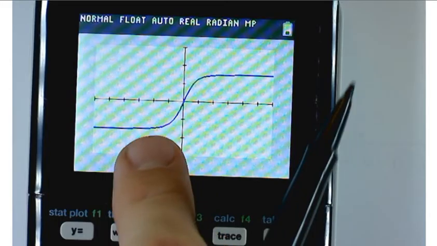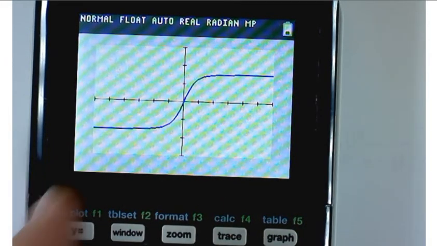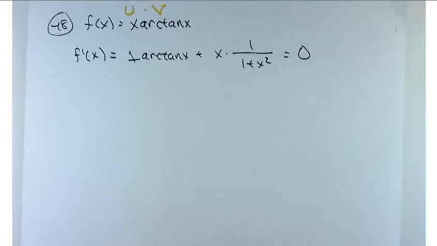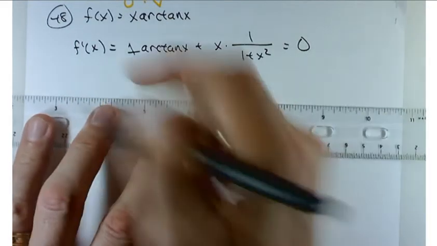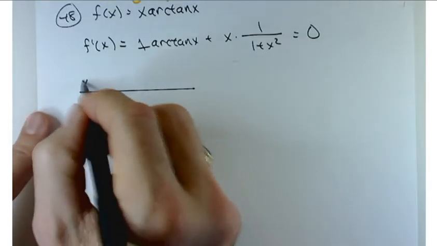So let's see if we can't fill in a chart. In fact, we don't even have to test any points. This will be nice. So x, f, f prime, and 0.